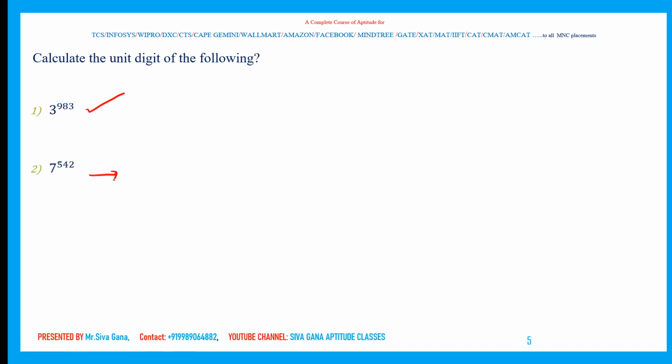Now we'll see this question. 7 power 542 is simply 7 power 42. We are calculating the unit digit. The unit digits of this one and this one are the same, 7. Now 7 power 42 is in which form? 4k plus 2, 4 into 10 plus 2. So the unit digit of a power 4k plus 2 is the same as the unit digit of a square.